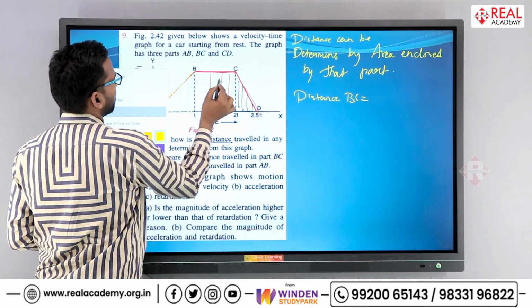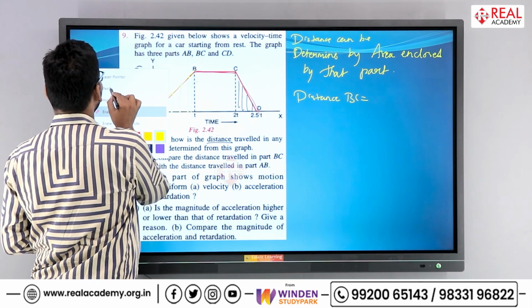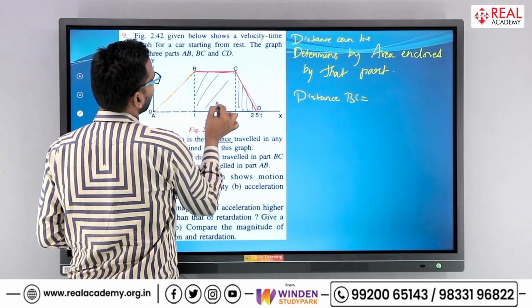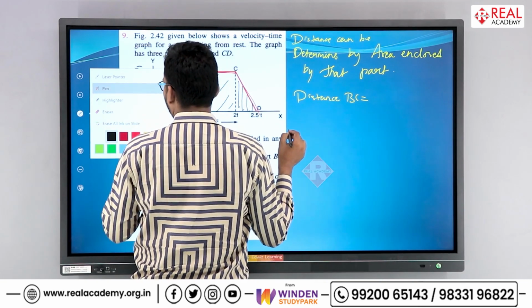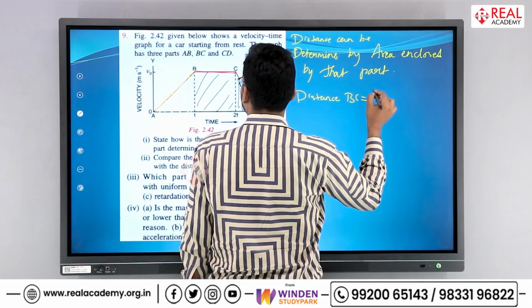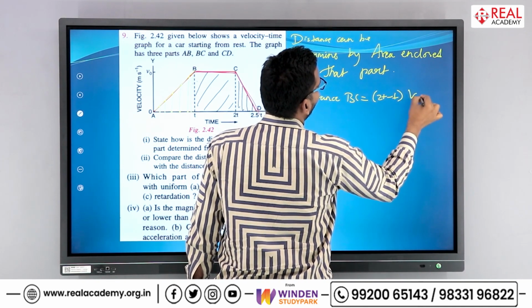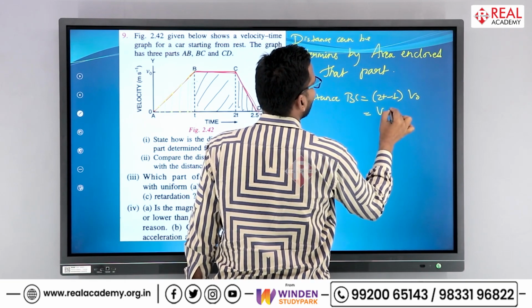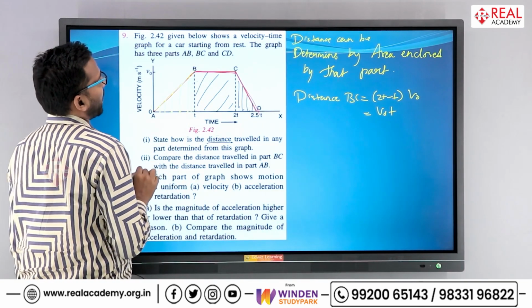Area of rectangle is length into breadth. What is length? 2t minus t. What is breadth? V naught. So 2t minus t is t, and times V naught, we get V naught into t. This is the distance travelled in the part BC.